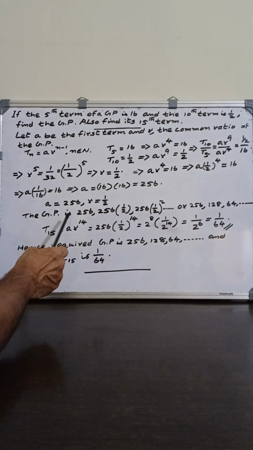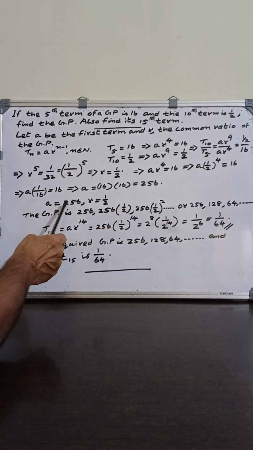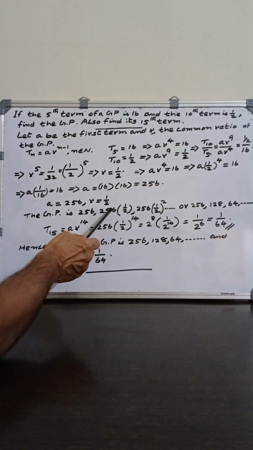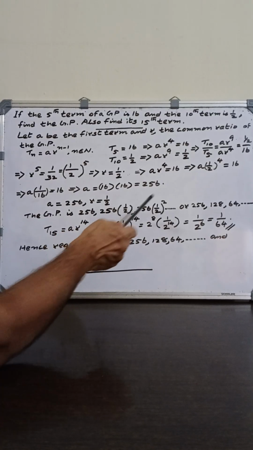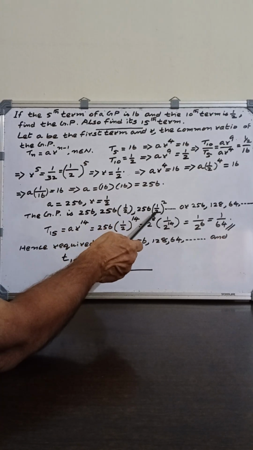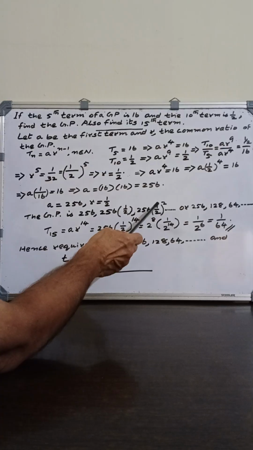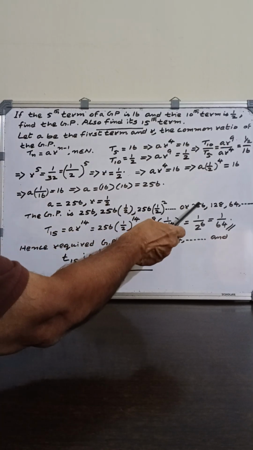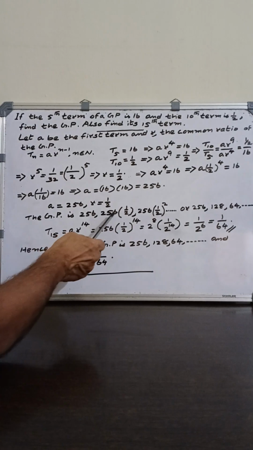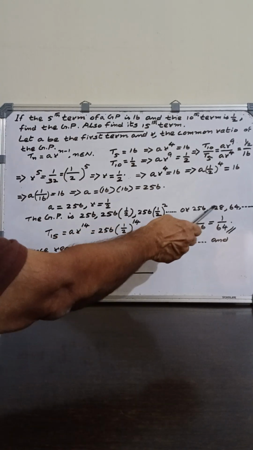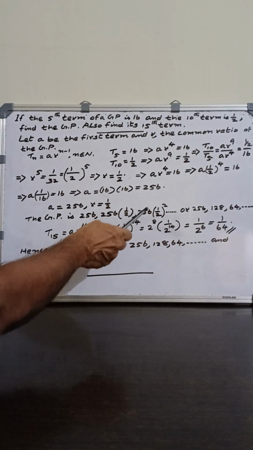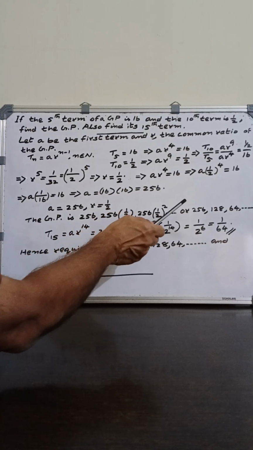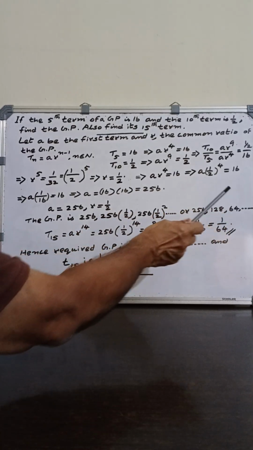Therefore, the GP is: first term A, 256; next term 256 into 1 by 2; third term 256 into 1 by 2 square. That is first term 256, second term 256 into 1 by 2 is 128, and third term 256 into 1 by 2 raised to 2 is 256 by 4 equals 64.